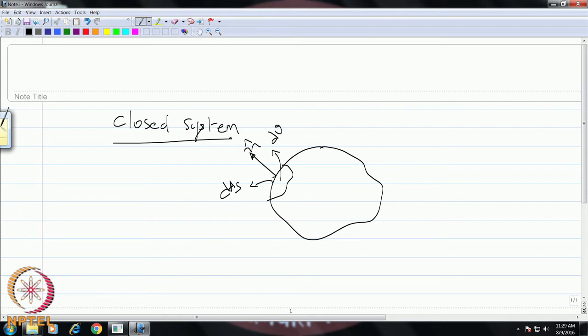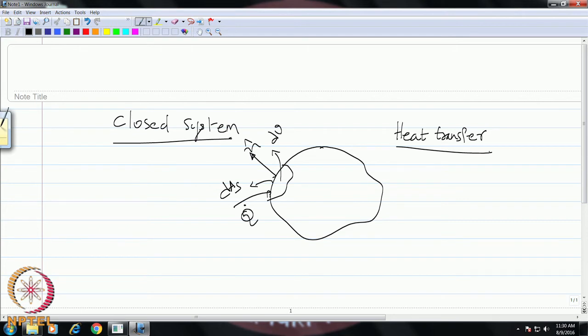Okay. And in order to look at only heat transport or heat transfer, okay, if you say energy transfer in general, you can have both heat and work transfer, right. So, you can say that there is a particular quantity of heat which is flowing into the system.